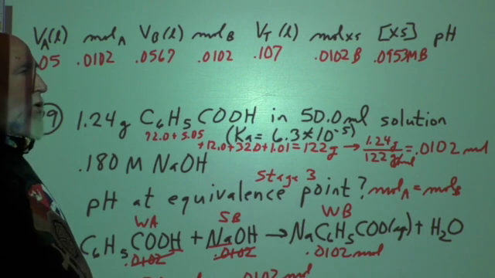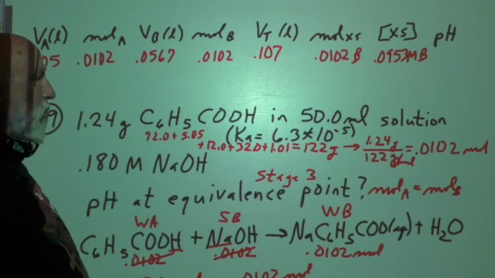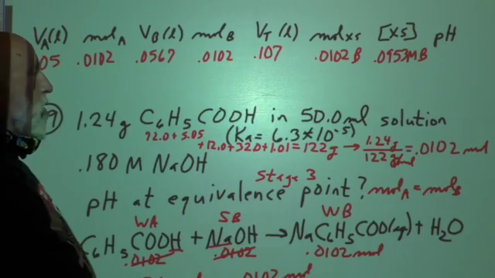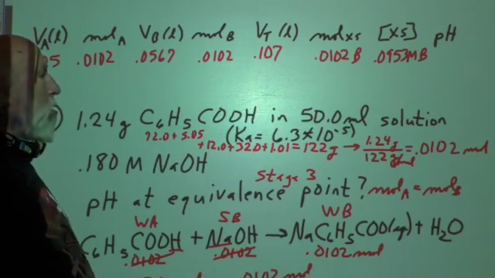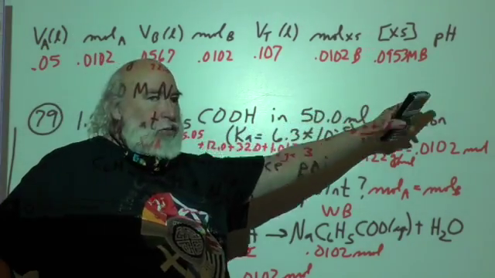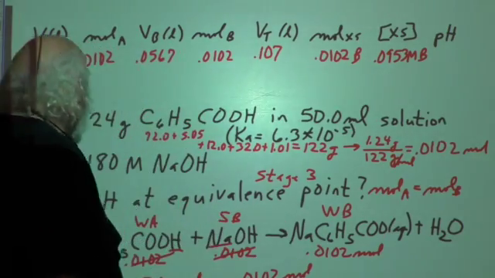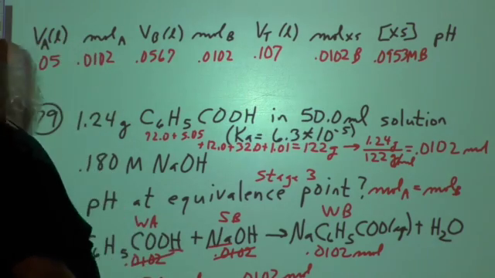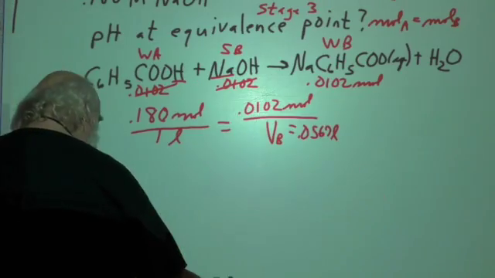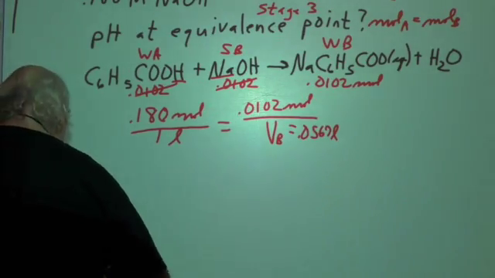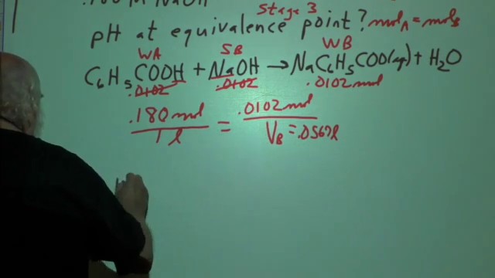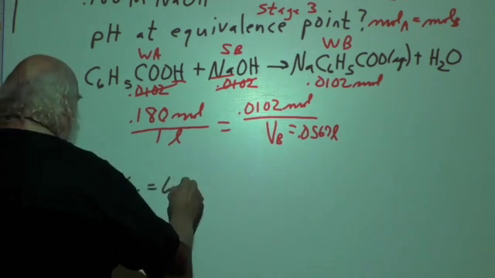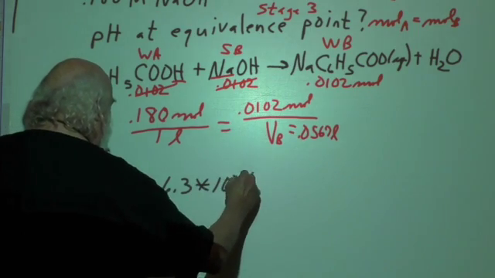Now, in the weak base titrations, when this occurred, we were going to do a quad form, and because it's the base, we have to use the Kb value of this acid here. So we got to take the Ka, which is 6.3 times 10 to the negative fifth.